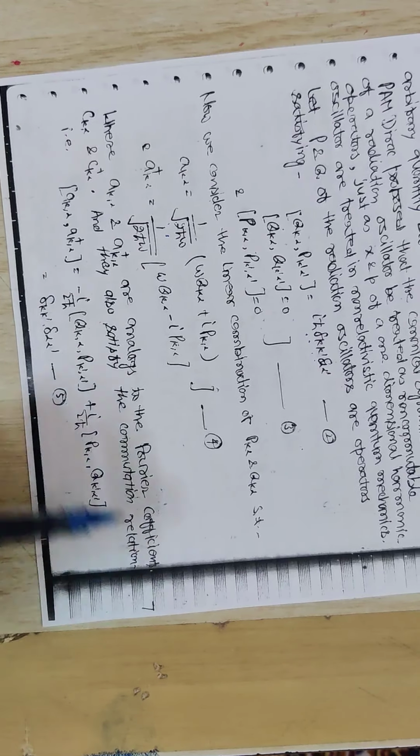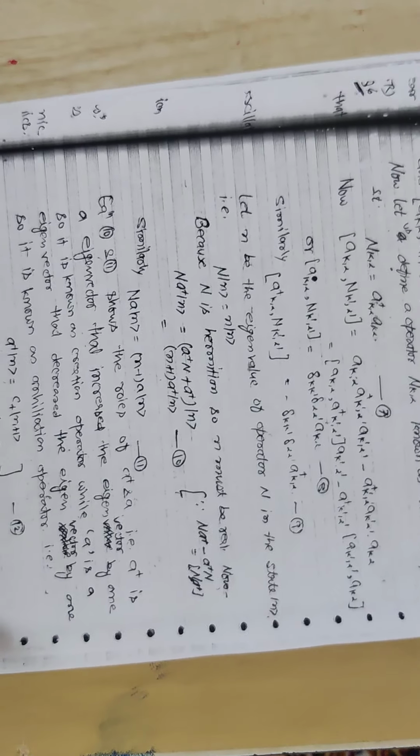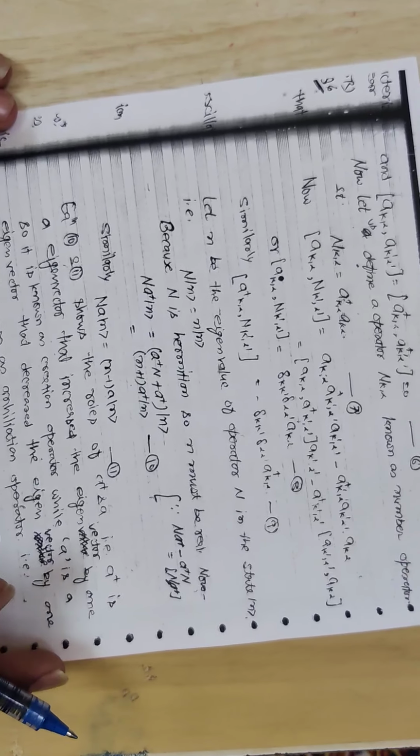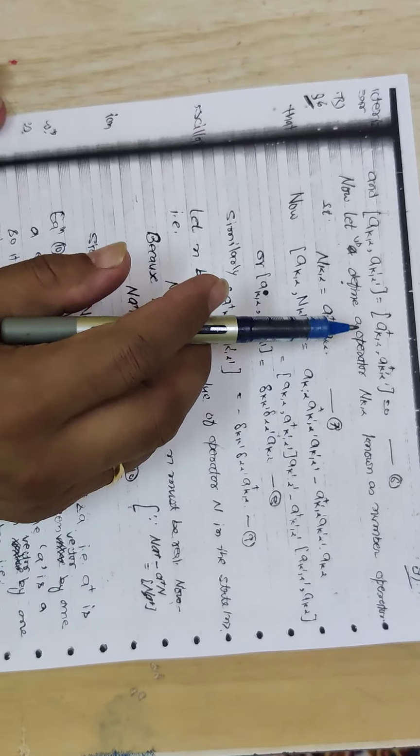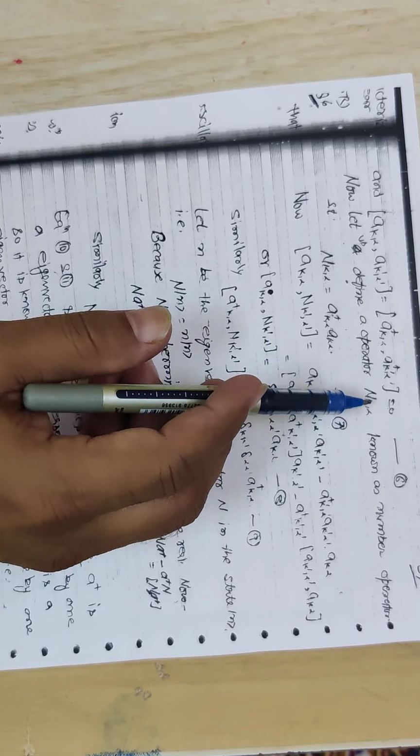kk dash delta alpha alpha dash, and [A k alpha, A k dash alpha dash] equals [A dagger k alpha, A dagger k dash alpha dash] equals 0.